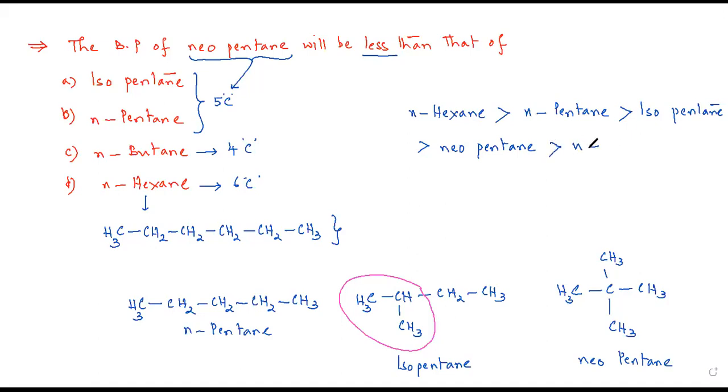And finally, the one with just 4 carbon atoms, that comes here. N-butane, CH3, CH2, CH2, then CH. So the answer for this question is going to be, it will be less when compared to, of course, N-hexane, N-pentane, then isopentane. Hope this is clear.